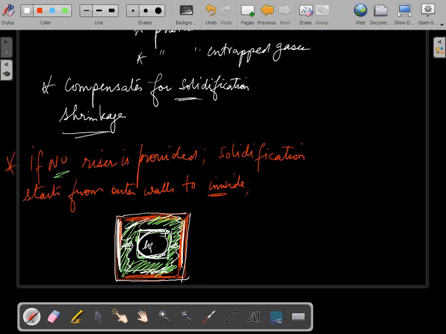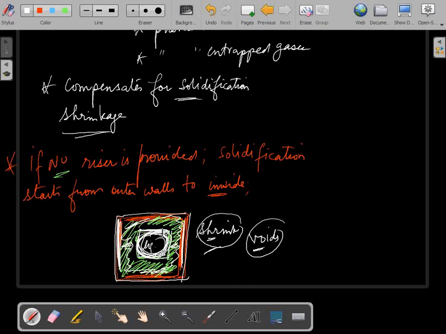Now, when this liquid part cools down, this liquid part will shrink, and when the shrinkage occurs inside this portion, there will be some voids that will be created, because when shrinkage happens, the volume decreases, and the riser compensates by providing extra molten metal in that portion where shrinkage has occurred.